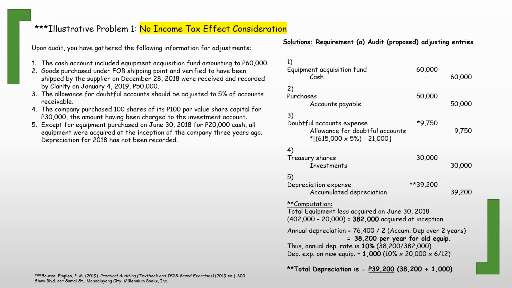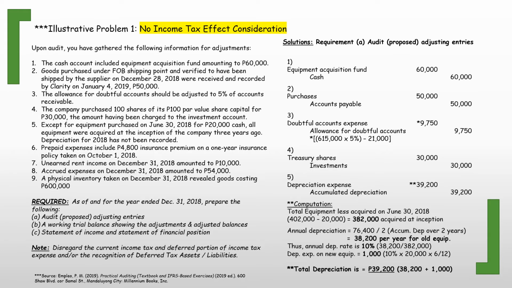Thus, we were able to determine the annual depreciation rate, which is 10%. Then, we can now compute the depreciation of new equipment, which is amounting to 1,000 pesos. So, our total depreciation is 39,200. Okay.